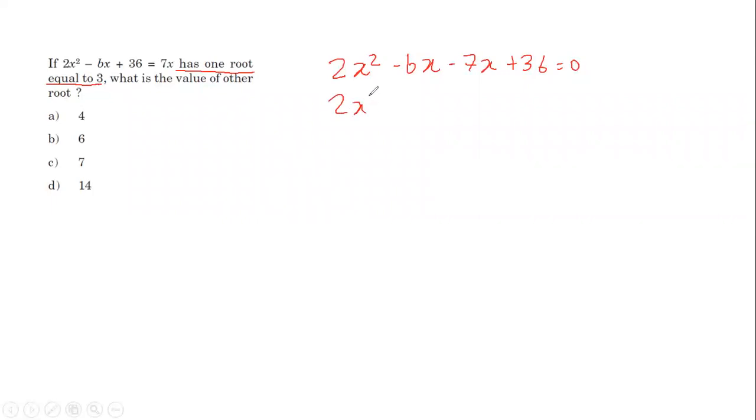And if I take minus x common, it will be b plus 7 plus 36 is equal to 0. Or I can just correct the orientation, I can write it as 2x square minus b plus 7x plus 36 is equal to 0.